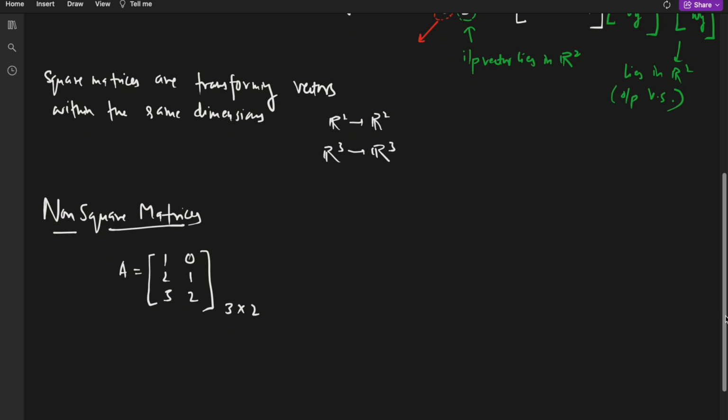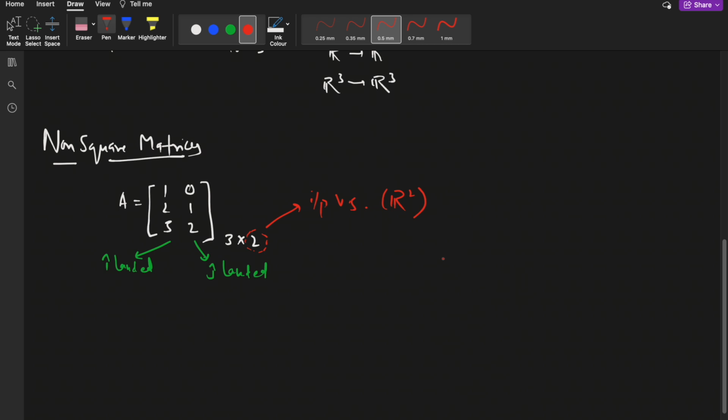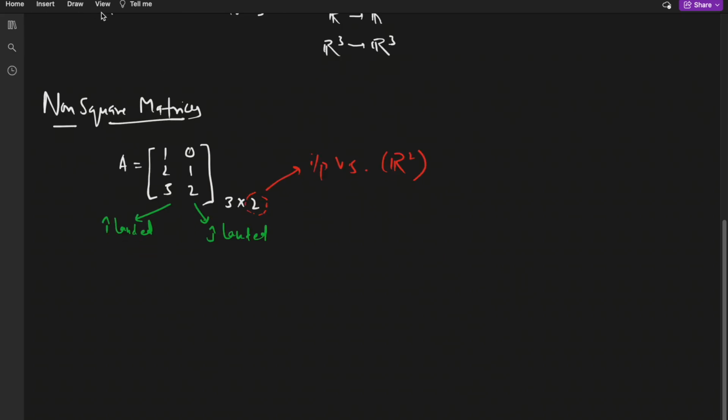As I already told you, this is where I hat landed, and this is where J hat landed. This is the dimension of the input vector space, so it is 2. The input vector is coming from R2, so it will have only two dimensions, x and y. But the output is in R3 because this is 3.